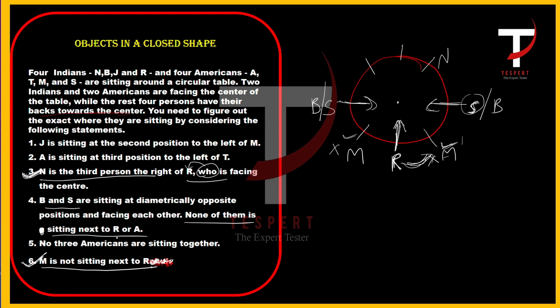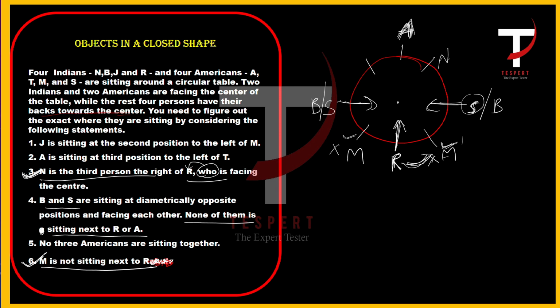None of them is sitting next to R or A, right? So if none of them is sitting next to R or A, then A shouldn't come here because N is already there. So the only place which is left for A is this one, which is opposite to R. Why?